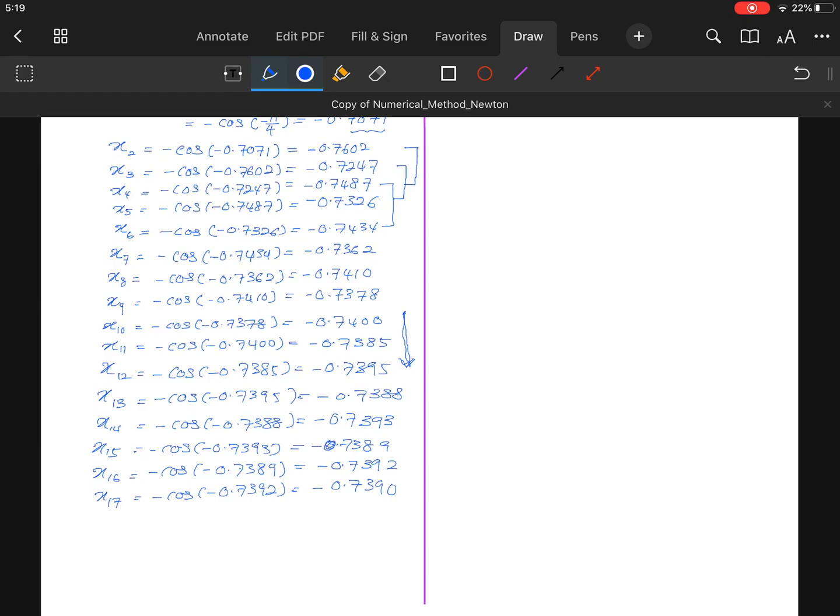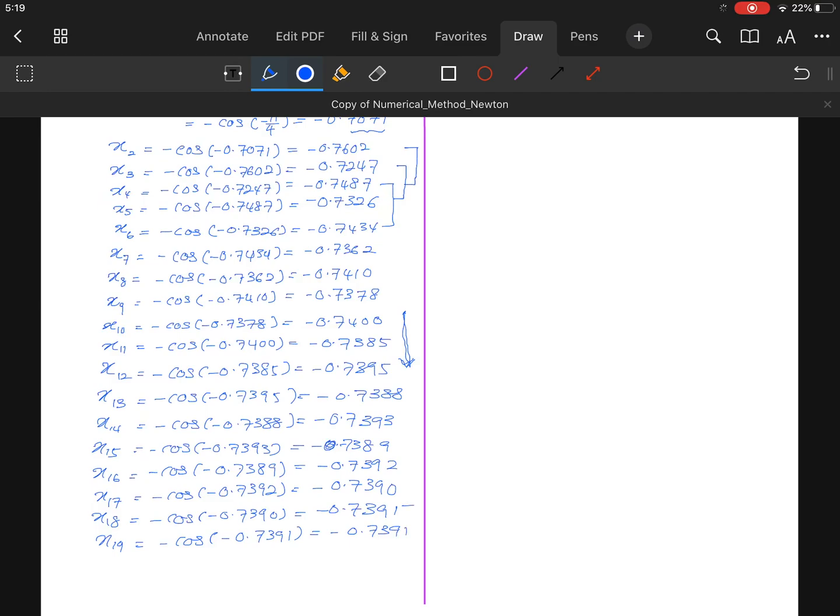Now it's getting closer. Cos of negative 0.7390 gives you negative 0.7391. Then x19 is negative cos of negative 0.7391, which is negative 0.7391.